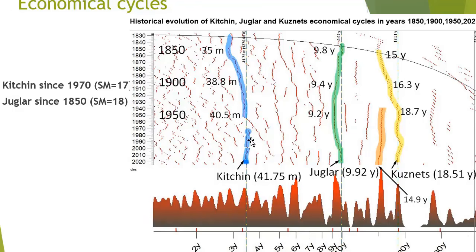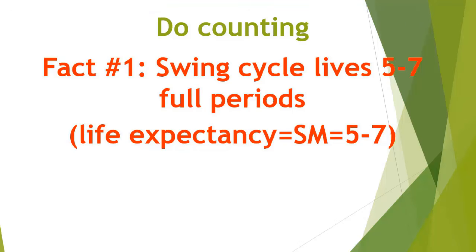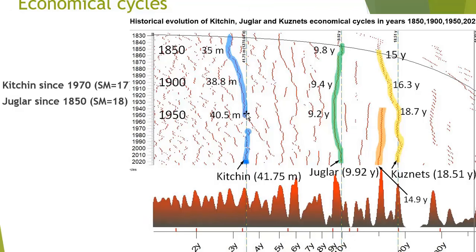You see this cycle works practically since 1830, but the period of the cycle changes. In the 1830s it was a 35-month cycle, but since 1970 you see it is vertical: the period of the cycle practically did not change.